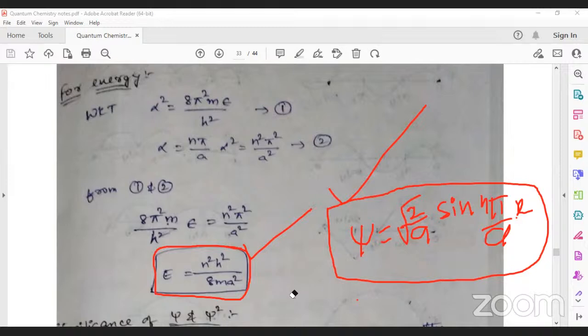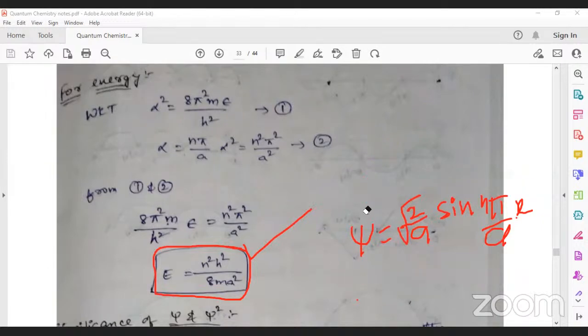If you understand this one-dimensional box, then we can easily get the solution of the three-dimensional box. The same phenomena will be applicable to a three-dimensional system. There we will get the total energy along three directions and the total wave function along three axes. All those data will come with the help of this particle in a one-dimensional box.